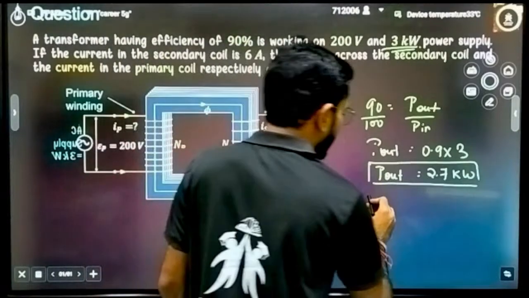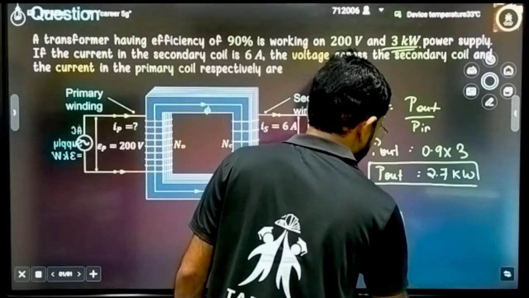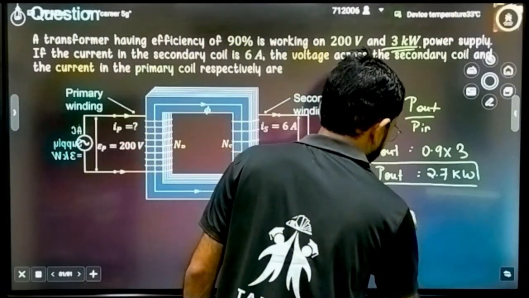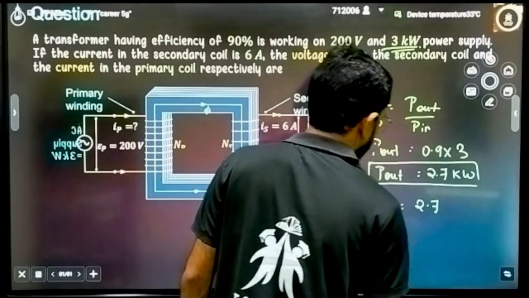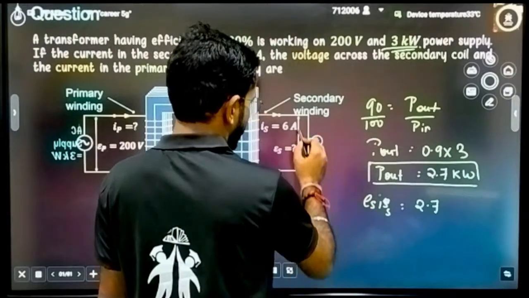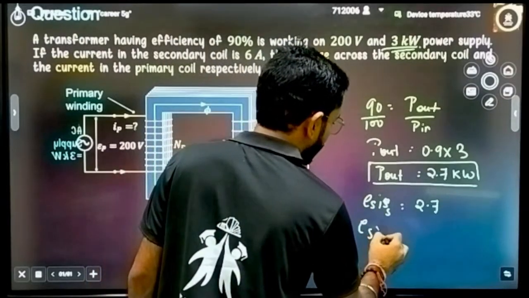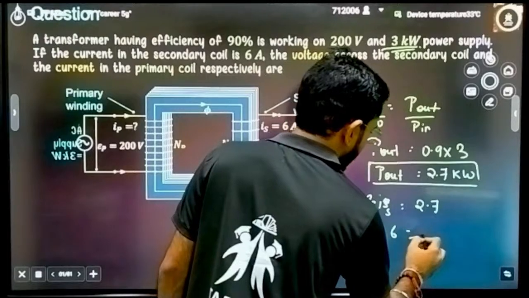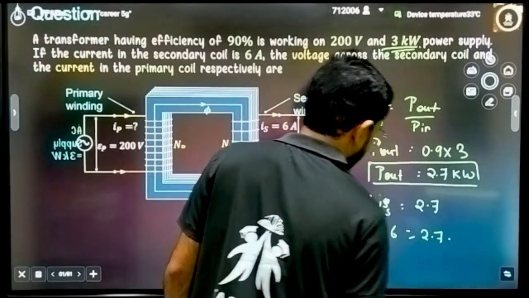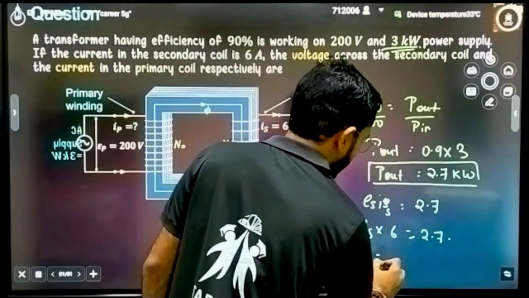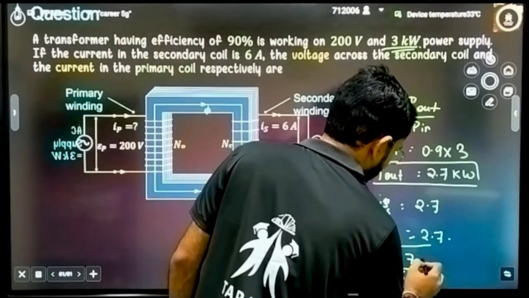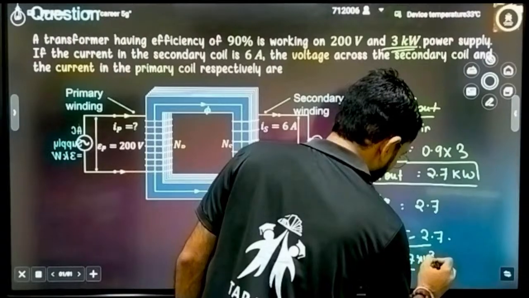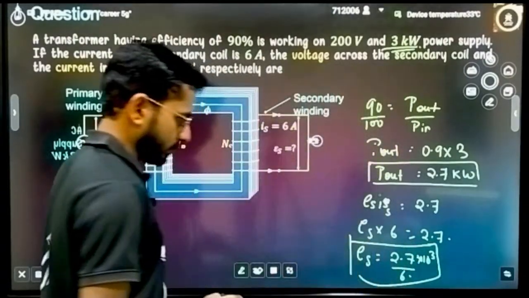And how can you write the output power? Output power is for the secondary circuit, that means ES into IS, which equals 2.7 kilowatt. ES is what you have to calculate, IS current is given as 6. That means the EMF in the secondary circuit can be written as 2.7 divided by 6. There it is kilowatt, so it will be 10 to the power 3 as well.